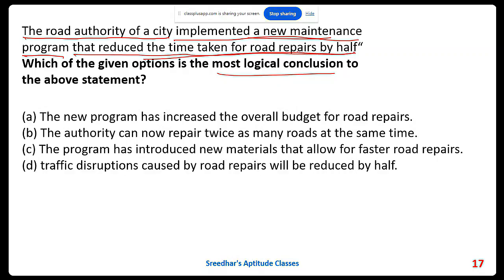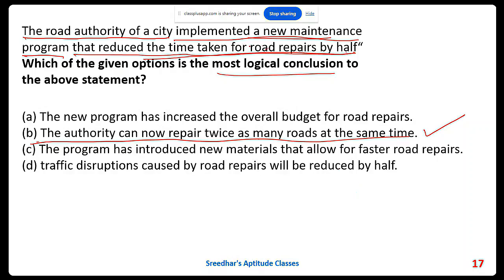So when it is reducing the time taken to repair the roads by half, that means in the same time you can repair twice as many roads, right? So therefore, option B is absolutely a logical conclusion. The authority can now repair twice as many roads at the same time. So answer B is the conclusion.